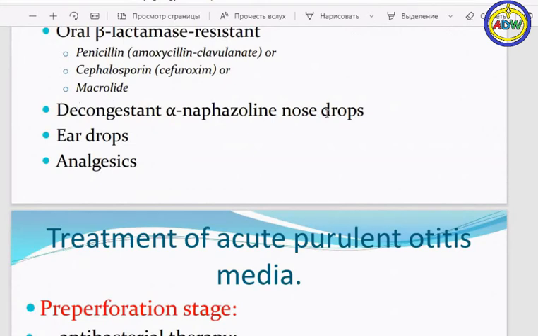How can we use it? Of course, in the nose. At the beginning of our lectures, I told you anatomically where the eustachian tube is located, and mostly patients, if they don't know where it is located, use it like that, put it into the nose, and that's all.